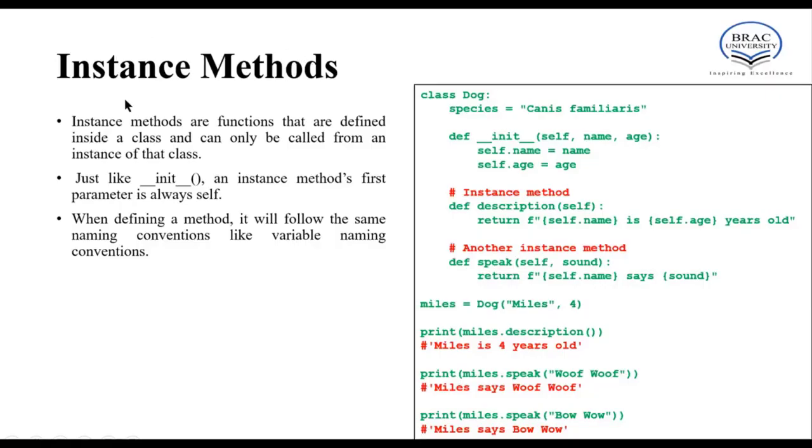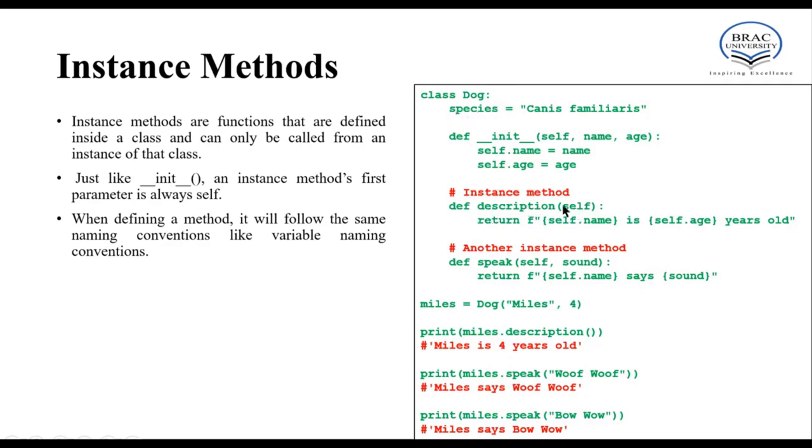Okay, so now the method part, instance methods. There are differences between class methods and instance methods. We'll learn about instance methods. Instance methods are functions that are defined inside a class and can only be called from an instance of that class. Just like here, description is an instance method, and this one is just like a function, but this is inside the dog class.